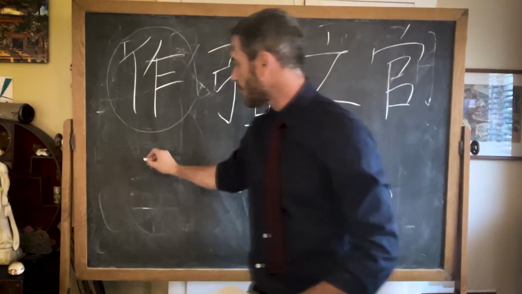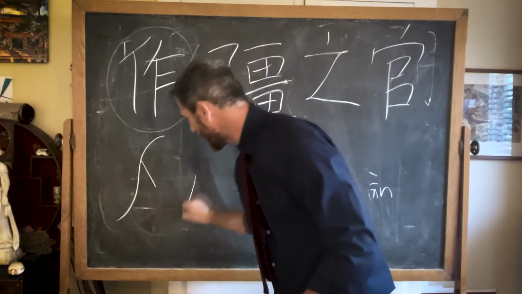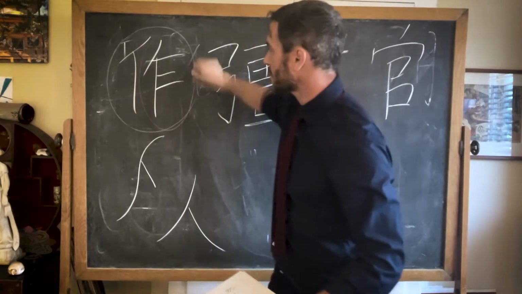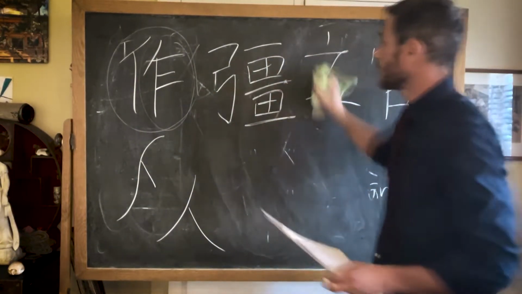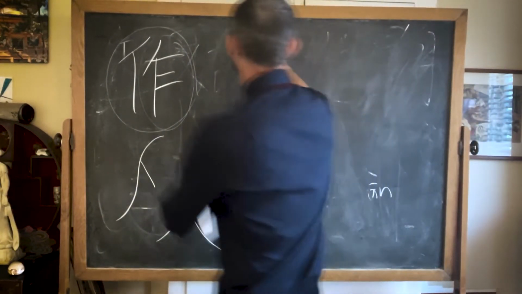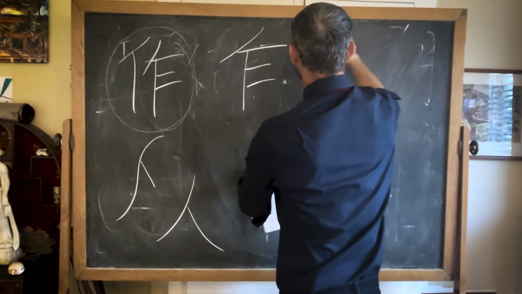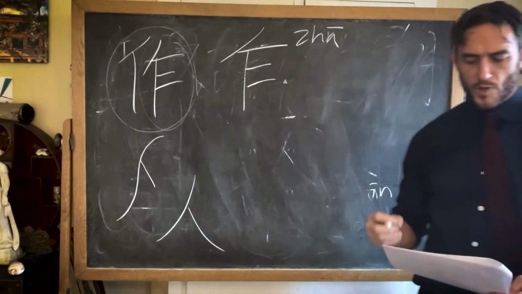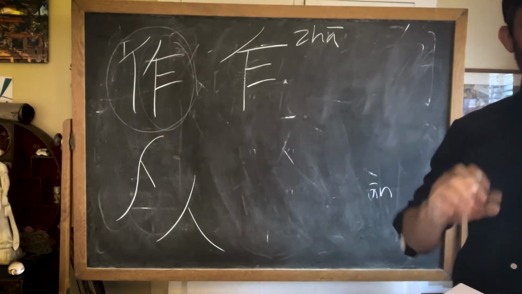On the left we have a person, sort of in profile, and this character nowadays is written like ren, a person. So we have this person. And then this portion here has a very interesting etymology. This is ja, and ja basically means to make something, or to embroider something, to weave something.